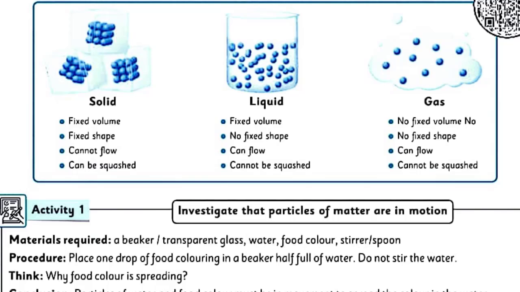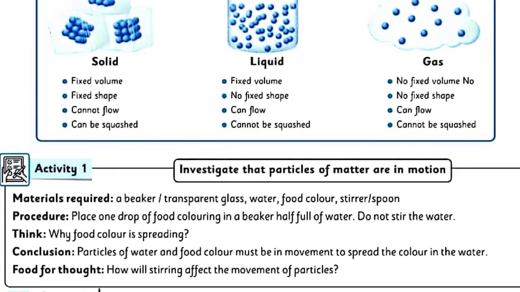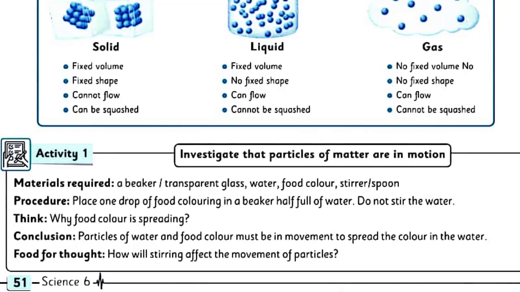Activity 1. Investigate that particles of matter are in motion. Materials required: a beaker, transparent glass, water, food color, stirrer spoon. Procedure: place 1 drop of food coloring in a beaker half full of water.